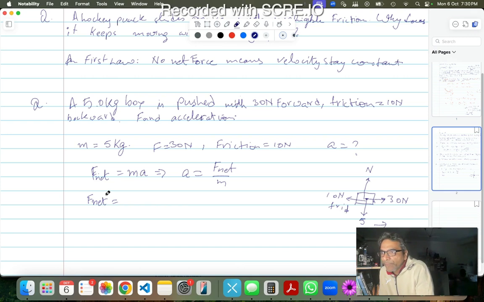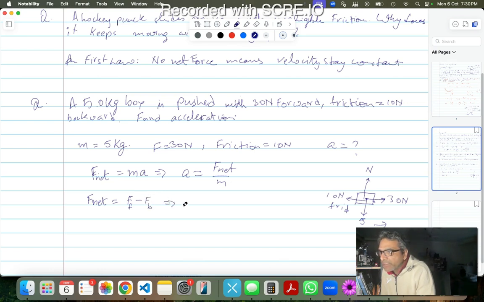No, no, no, no. So see, here it comes. What will be the net force? Where will the actual direction go? Which is going to pull it? The 30 Newton one, because the friction is only 10 Newton. So that means F net is F forward minus F backward.